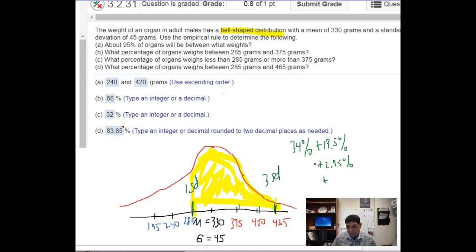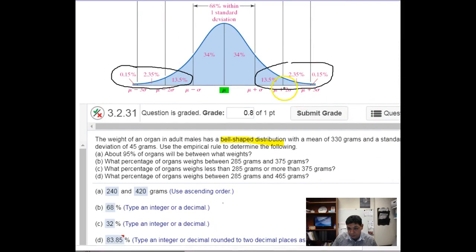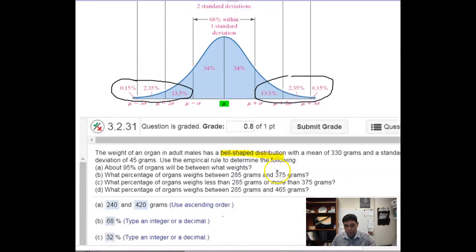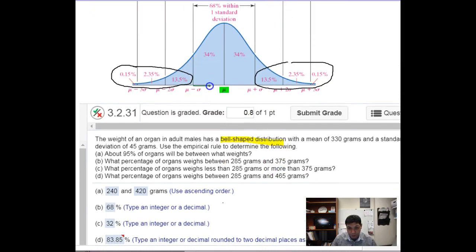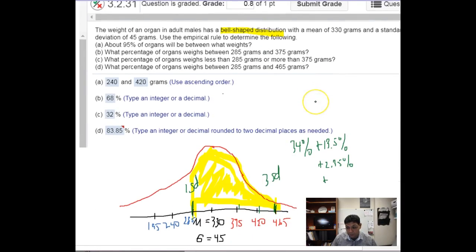Oh, I need one more 34. So it was 34, 34, and then those two. We need another 34 that I forgot. So in that case, we're looking at 68, 70, 73, and so it should be 73.85%. That would be our answer. So that's how you do it. Make sure you know the empirical rule, and that's how you manage it.